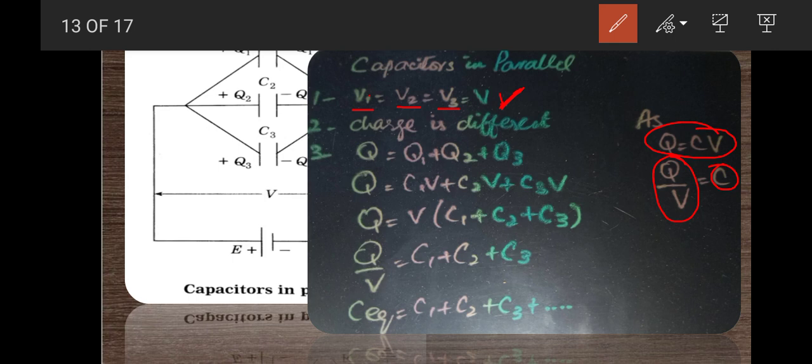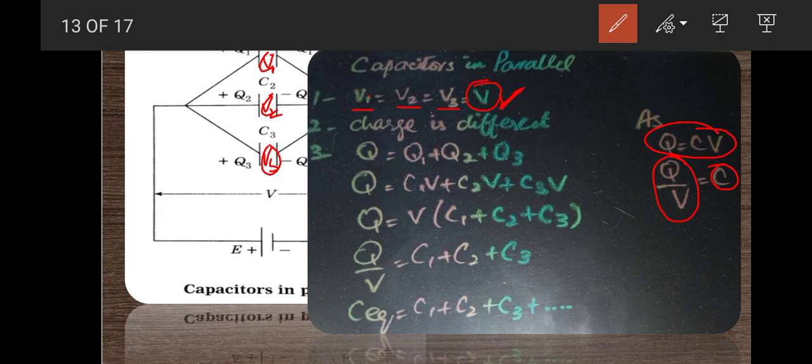V1, V2, V3 were actually the potential differences across these 3 capacitors, but as I have told you that it is the same for each capacitor, so we can use the same symbol for all 3. So we will replace them by V.